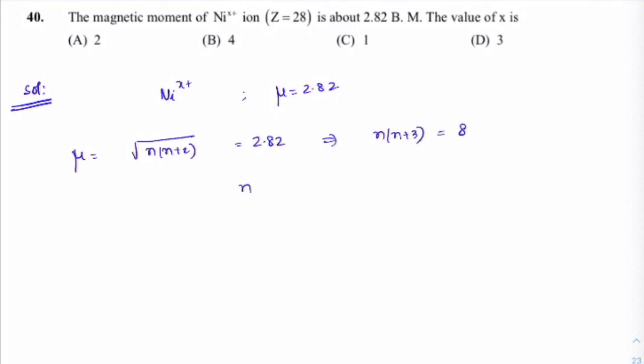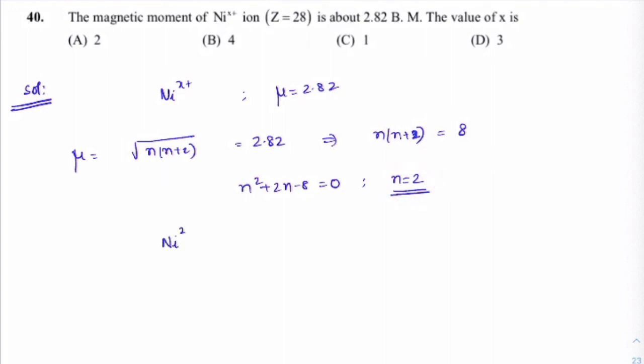So n square plus 2n minus 8 equals 0. That will give us n equal to 2, correct? Now we got n equal to 2, which means the number of unpaired electrons is 2.